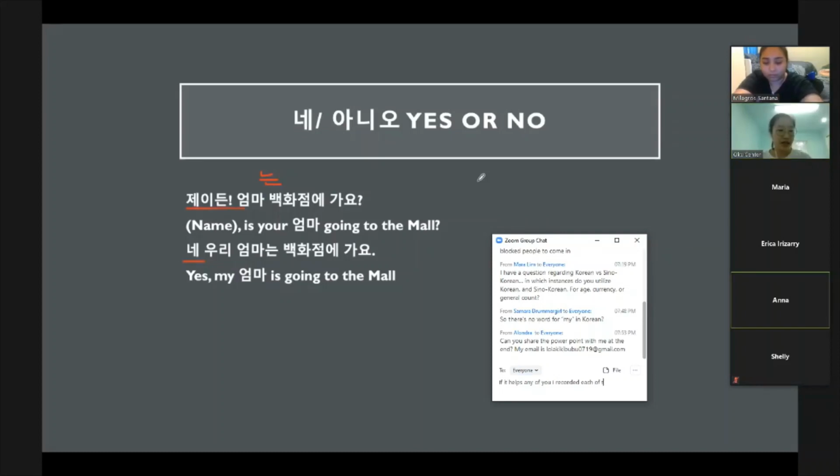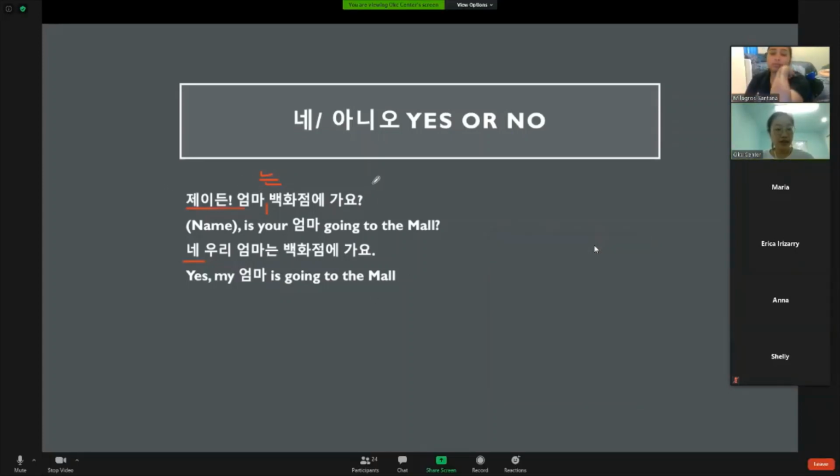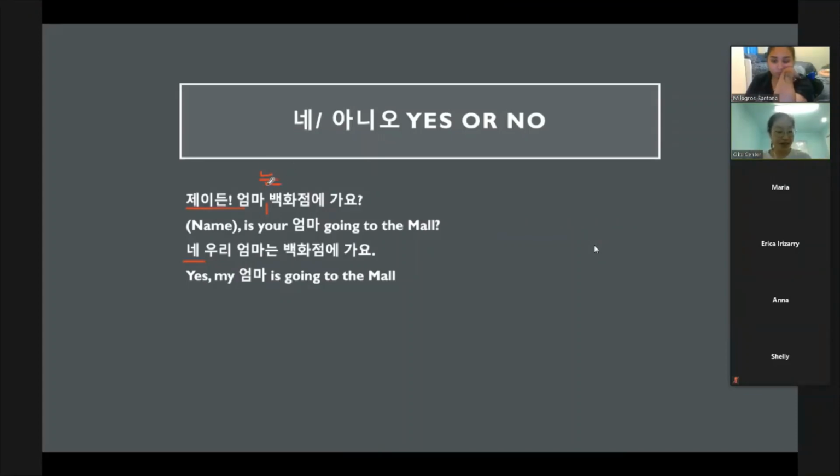You can put 엄마, like a comma, like you're calling 엄마: 백화점에 가요. I'm trying to practice more with the particles, but you can say 엄마 백화점에 가요.